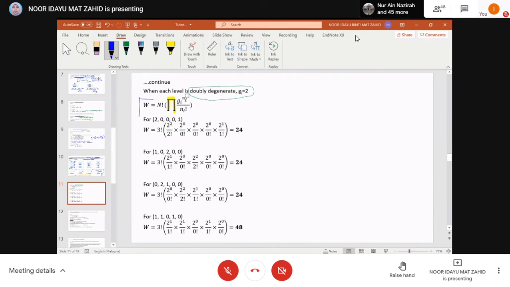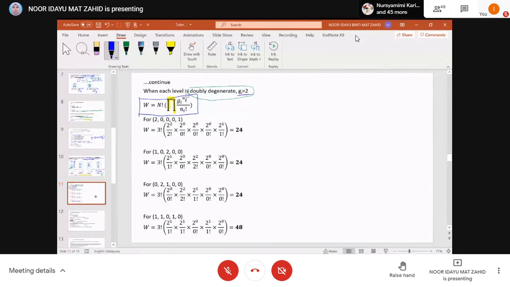This is the equation for calculating W, the number of ways. It would be like this: N factorial multiplied by the product of g i to the power of n i, divided by n i factorial. g i is the degeneracy, so in this case g i will have the value 2.